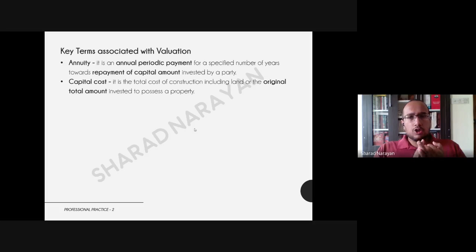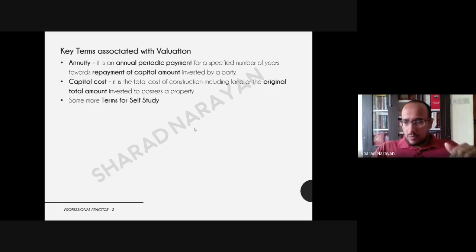So capital cost in the case of valuation will be considered as the amount laid out for procuring a property, investing in the construction of a building on it, and putting equipment on it. That entire thing can be considered as capital cost. Another term commonly used for it is capital outlay.